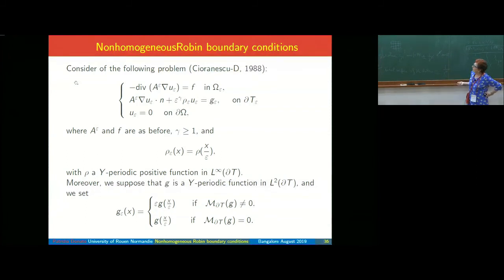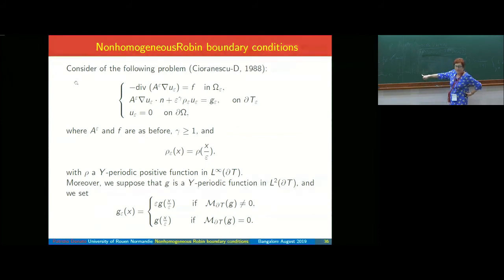Now we have the measure of the epsilon T. This is a consequence of the Jacobian.